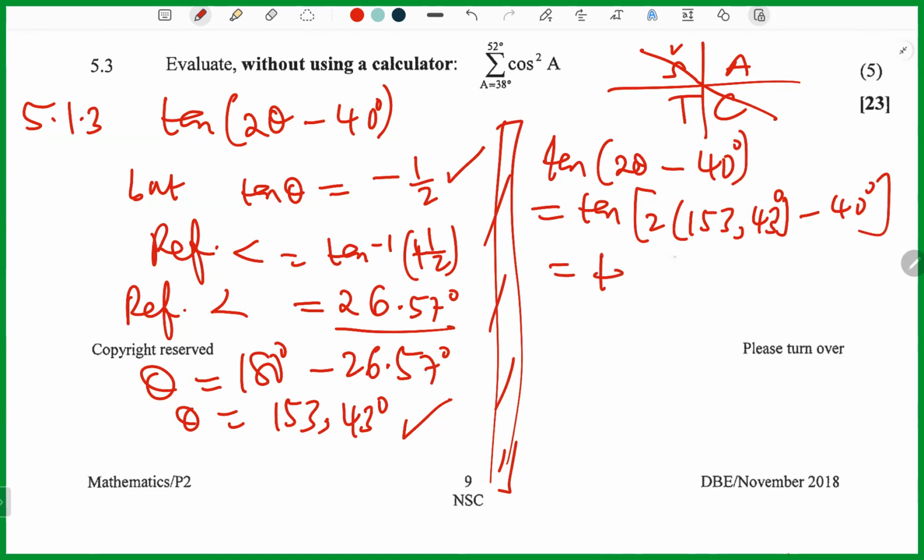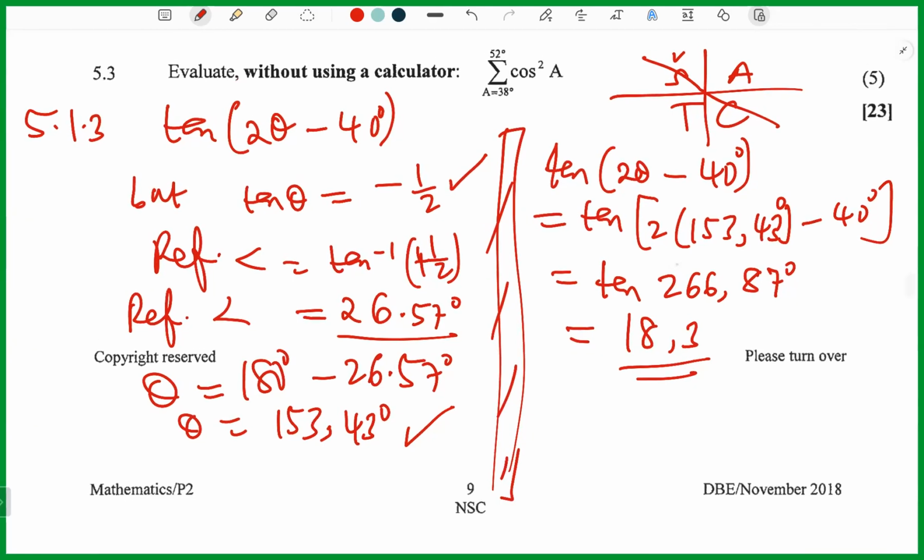If you multiply these 2 and that, it is the tangent of 266.87 degrees. And then if you take the answer, the tangent of that is 18.3 there. And then this obviously becomes the answer.